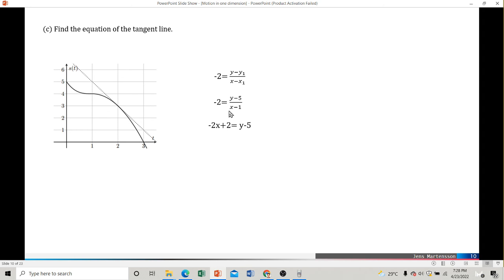Then cross multiply and rearrange the equation in terms of y. So we have the equation of the tangent line: y equals negative 2x plus 7.